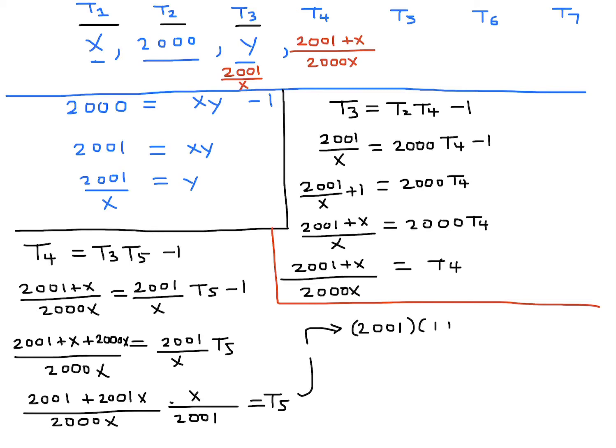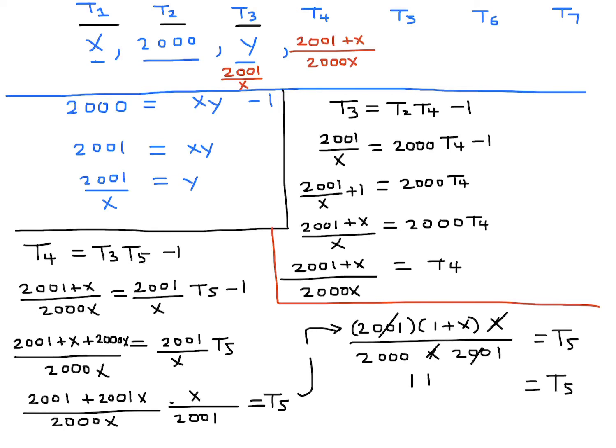If you factor the 2001, you get 1 plus x, and x over 2000x and 2001. Okay, great. The 2000s go and the x's go. So T5 is left with just 1 plus x over 2000. All right. So 1 plus x over 2000.